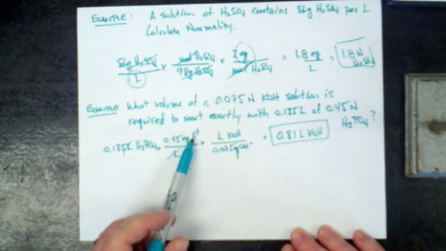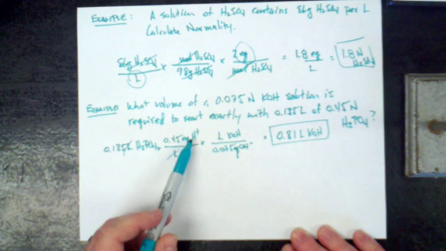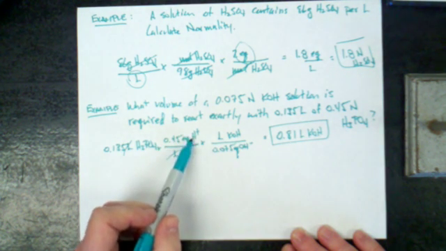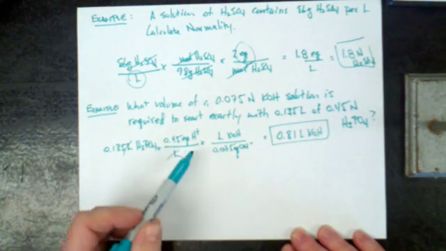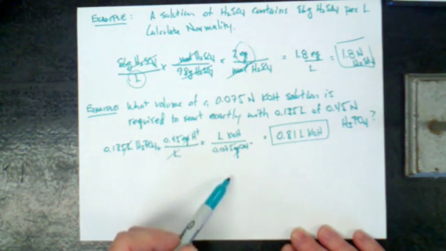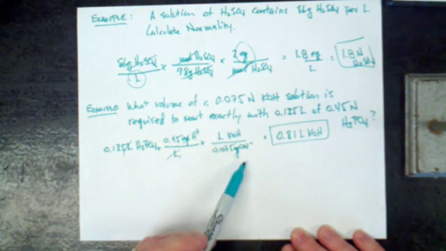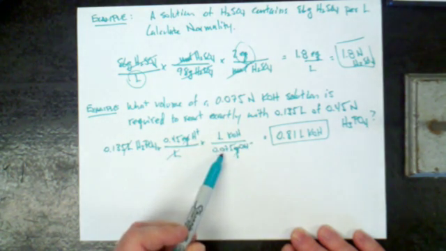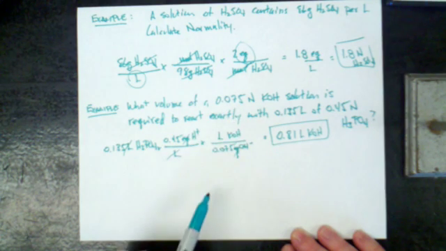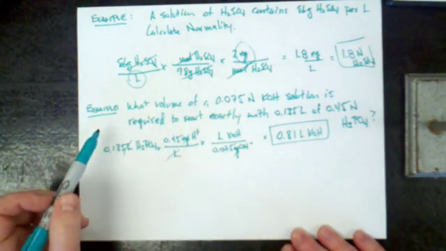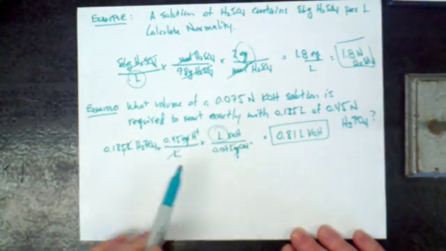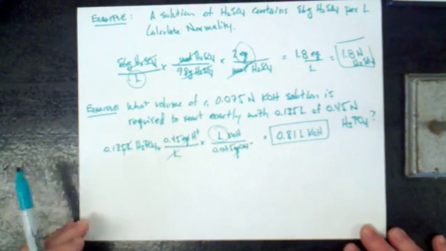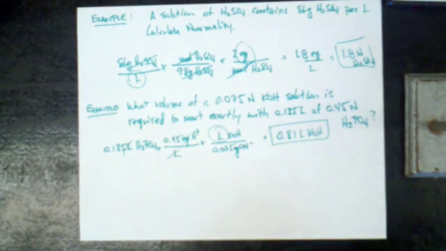Then, since 1 equivalent of hydrogen ions cancels out with 1 equivalent of hydroxide ions, these cancel out. And here we use the normality of potassium hydroxide, because it's 0.075 equivalents per liter. The equivalents cancel, and hey, we're left with liters. That's what we're looking for, and if you take your calculator to that, it's 0.081 liters of KOH.